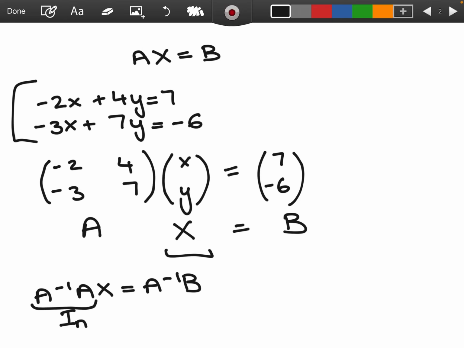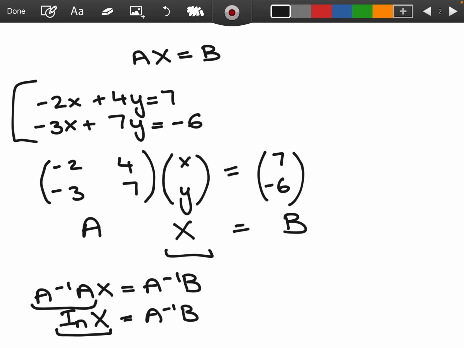So I can simplify what I have here by saying that A inverse times A, which I have here, is just the n by n identity matrix multiplied by X equal to A inverse times B. Now we know from 2.3 that our identity matrix multiplied by any matrix, as long as your dimensions match in order to do the multiplication, just equals whatever matrix I have.